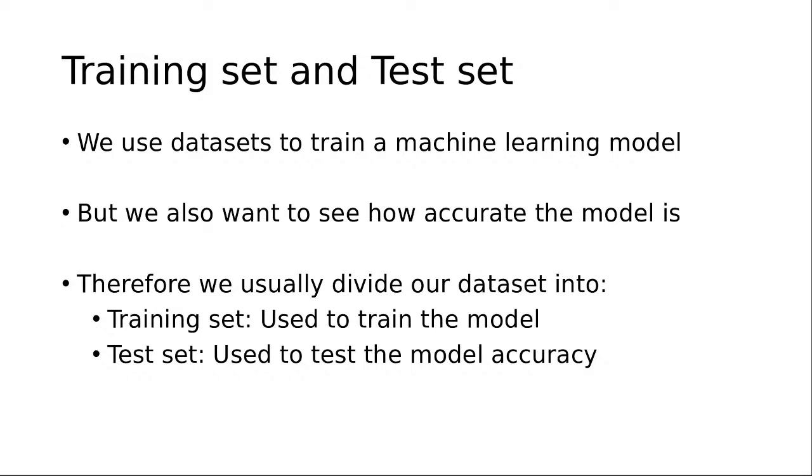But from a data scientist's perspective, training a model alone is not enough, because after training it, we also want to know how good our model is. Otherwise, we can't sell our model, basically. Without knowing how accurate our model is, we couldn't know for sure whether our model is useful to the user or not.